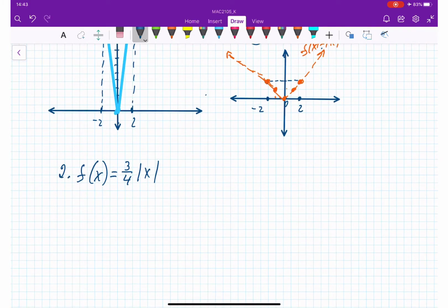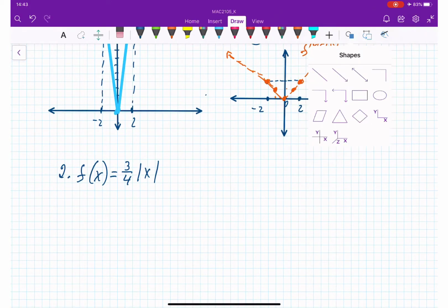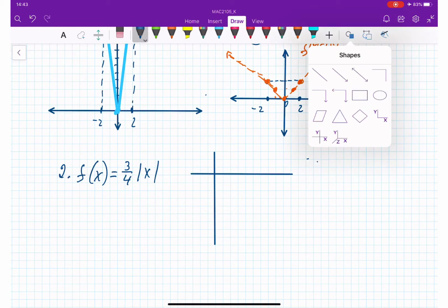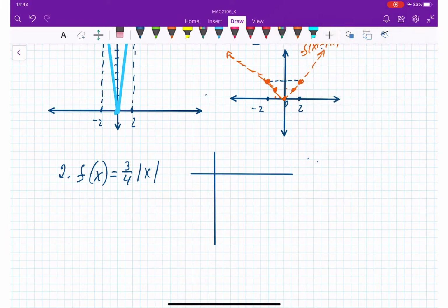Building table. First table, first column, second column. Okay, so I'm going to take positive 4, negative 4.